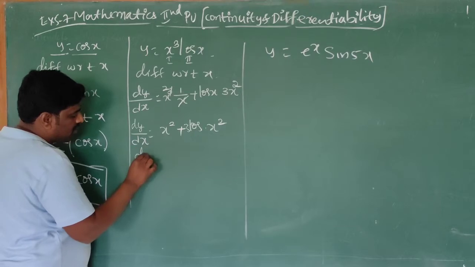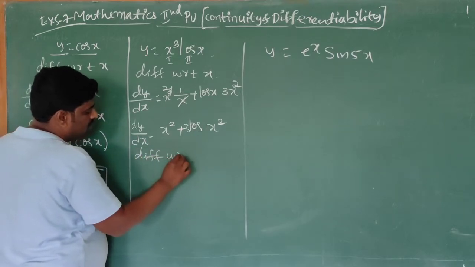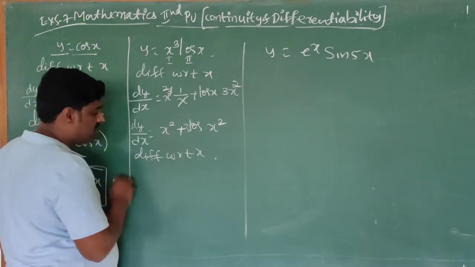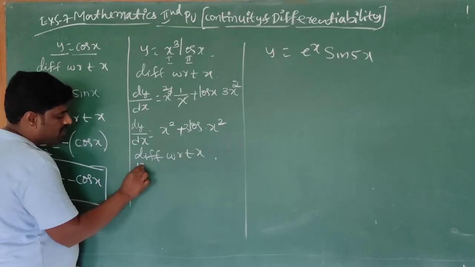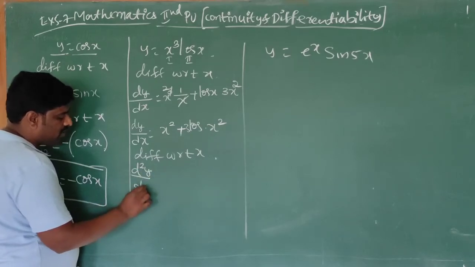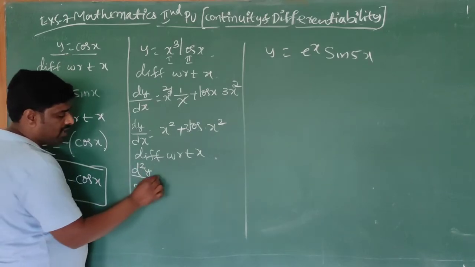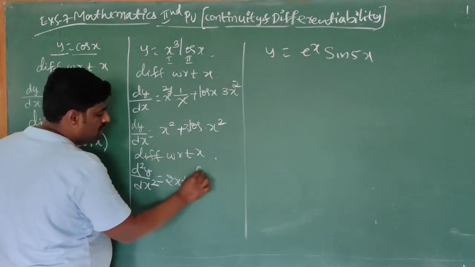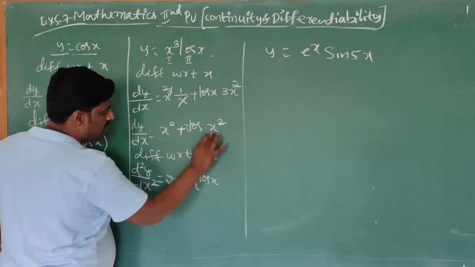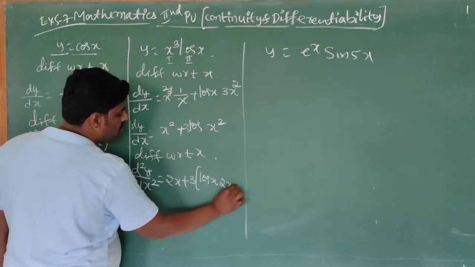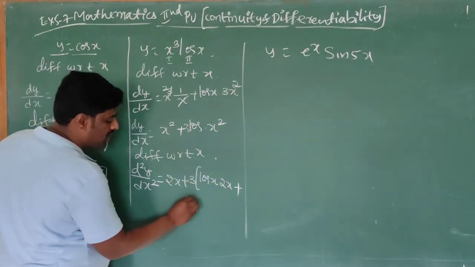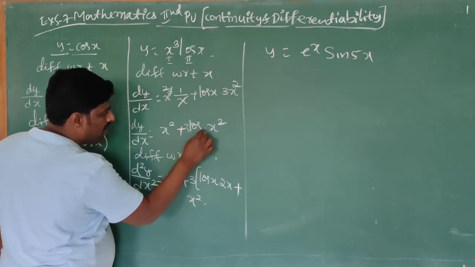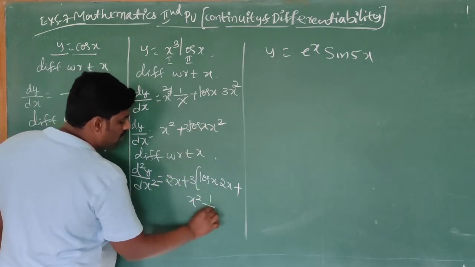Again differentiate with respect to x. dy by dx differentiation is d square y by dx square. x square differentiation is 2, plus 3 log x as it is, x square differentiation is 2x, plus x square as it is, log x differentiation is 1 by x.